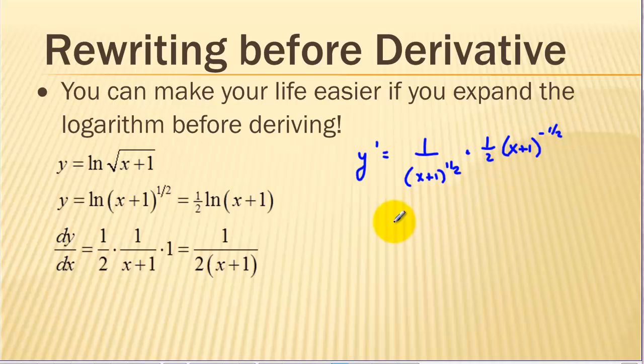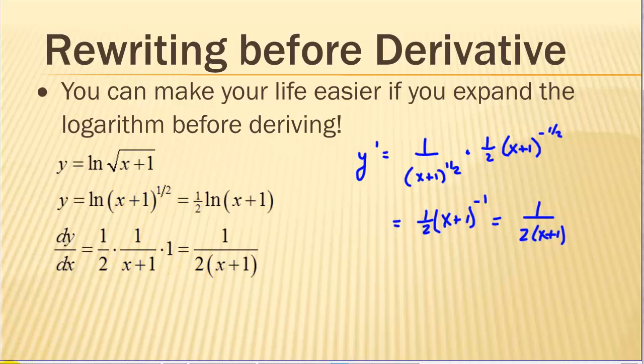And if we simplify that, we would get 1/2, here we would be subtracting the exponents. I'm sorry, this would be x plus 1 to the negative 1 power, which would then be 1 over 2 times x plus 1. So we get the same answer here, but it was more work than using our log property.